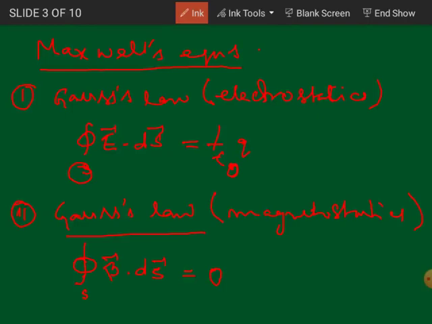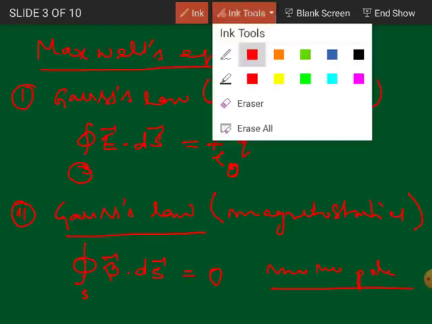If it were not so, then an isolated magnetic pole would have existed. Thus, this equation confirms the absence of a monopole. So we say that no monopole exists, right? Got it?